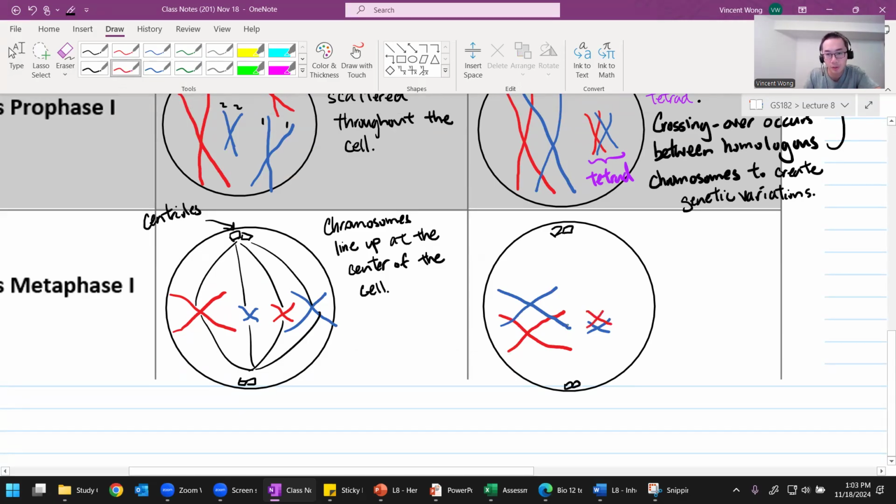Now, this part is a little bit hard to draw, but remember the crossing over has already taken place, so there's a bit of blue on the red, and a bit of red on the blue. It's going to be all over the place actually, but it's easier to just show a little bit of it. So instead of chromosomes lining up at the center of the cell, we will have tetrads. Tetrads line up.